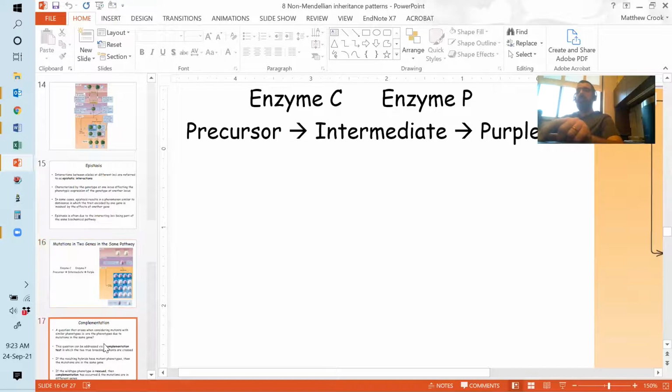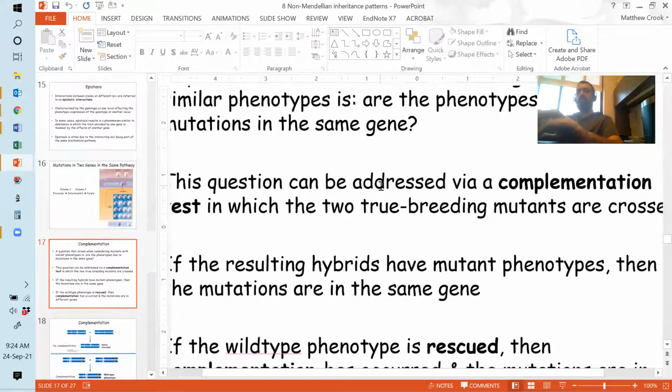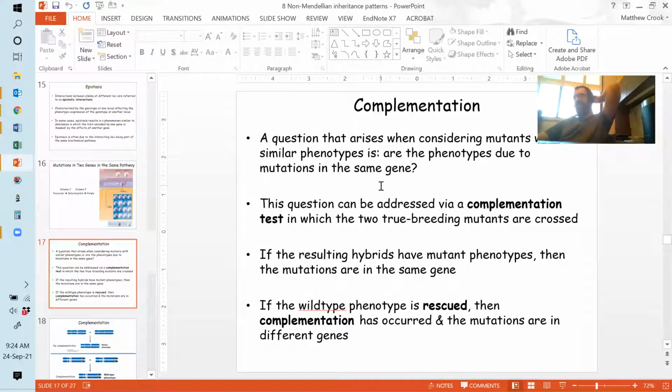Okay, so another thing that you can also do, oops, that's super blown up. This is really more of a technique than anything. So essentially, if you've done a large mutagenesis screen, right? So you screwed up a bunch of animals or plants or whatever, and you've got a whole bunch of mutants that display a phenotype that you're interested in.